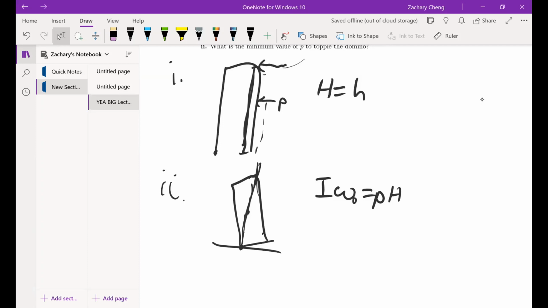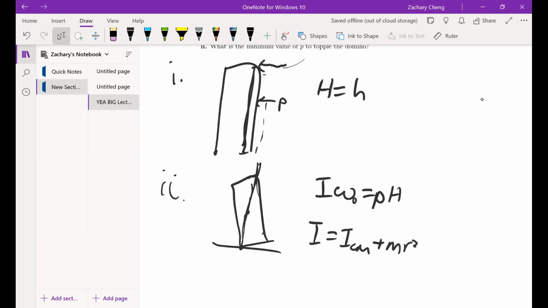Okay, so now first we want to find I. Because the domino is rotating around this axis, I is going to be a bit tricky. So first we can use the parallel axis theorem. It's equal to I_CM plus MR squared.